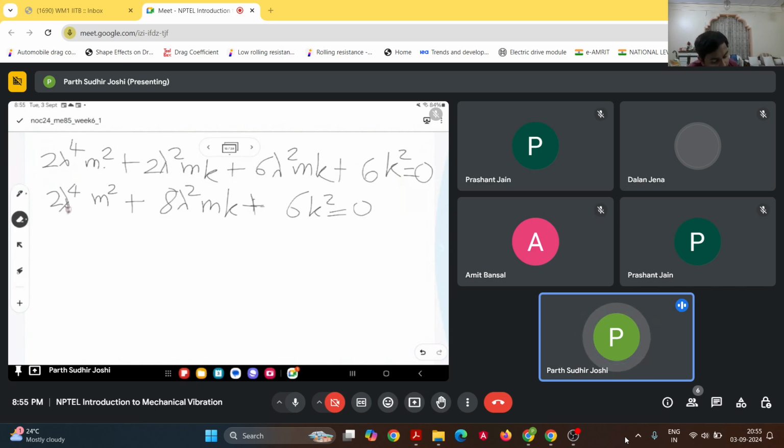And using the values of m and k which are given, we can solve for lambda and get the four different roots, lambda 1 1, lambda 1 2 here.